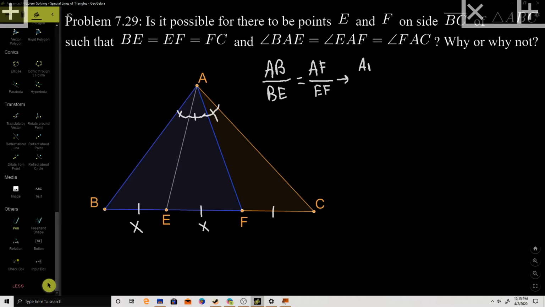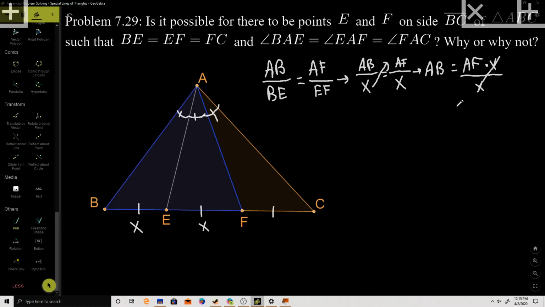So AB over X equals AF over X. Now, if I multiply X on this side, I'll be left with AB equals AF times X over X. X over X cancels out.